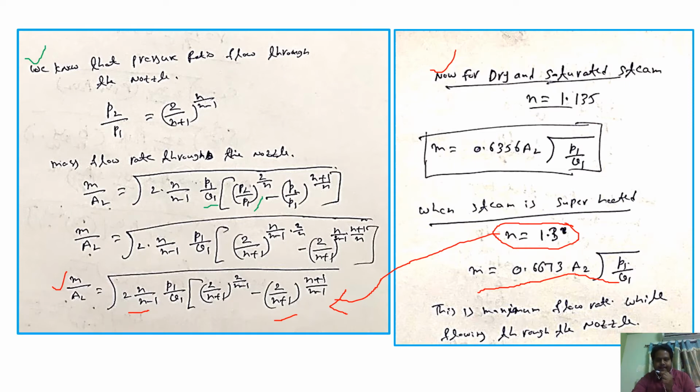Here we have two equations: the first is for saturated steam, the second is for superheated steam. From these equations we can find the maximum discharge of the steam.